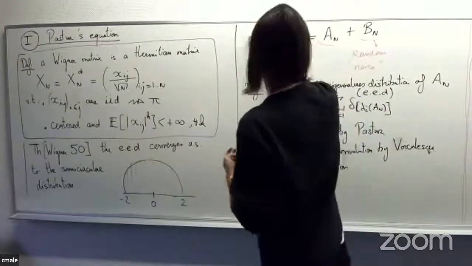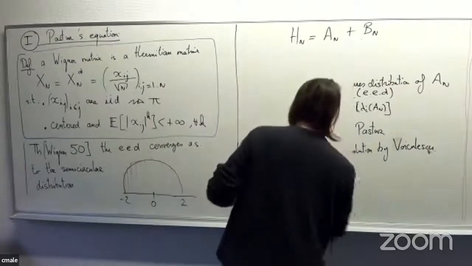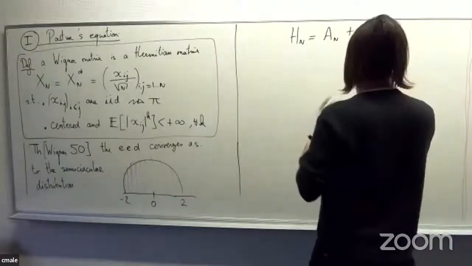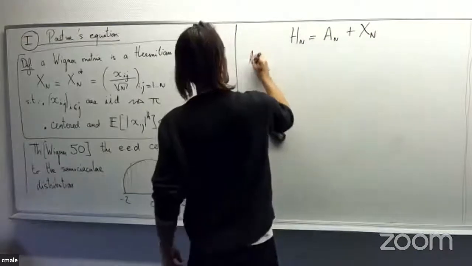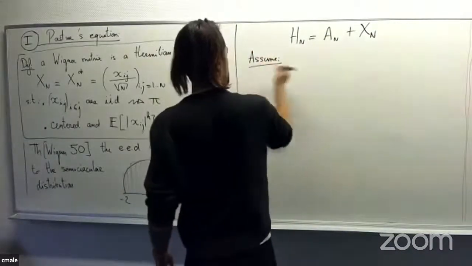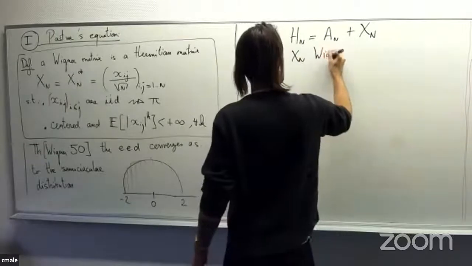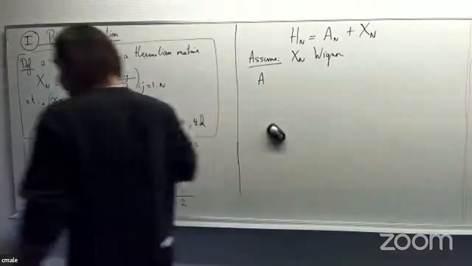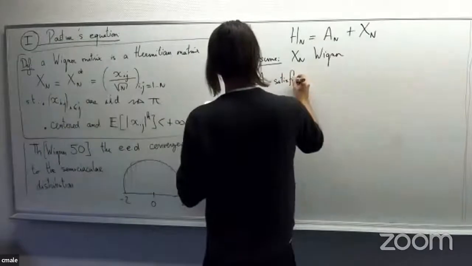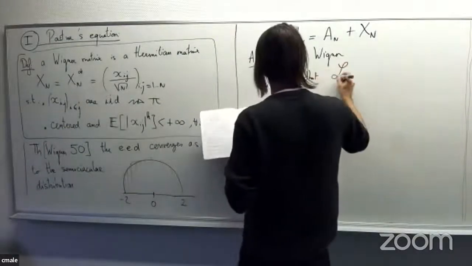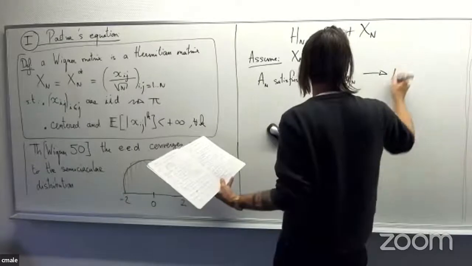Okay. So this is just about the behavior of a single matrix. And so the question that we consider, and that is solved by Pastur, is to consider the sum of these two matrices here, where we assume that X_N is a Wigner matrix, and A_N is a Hermitian matrix satisfying that the empirical eigenvalue distribution of A_N converges to some measure that we will call mu.